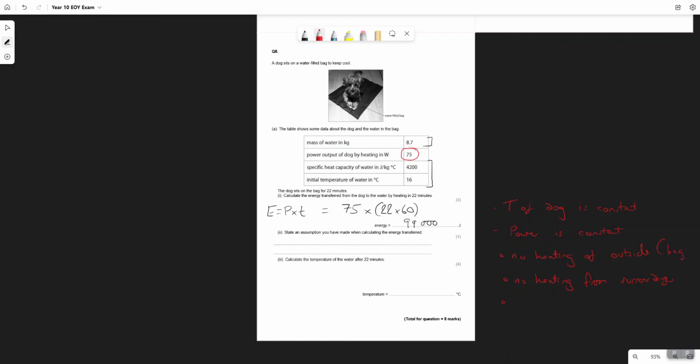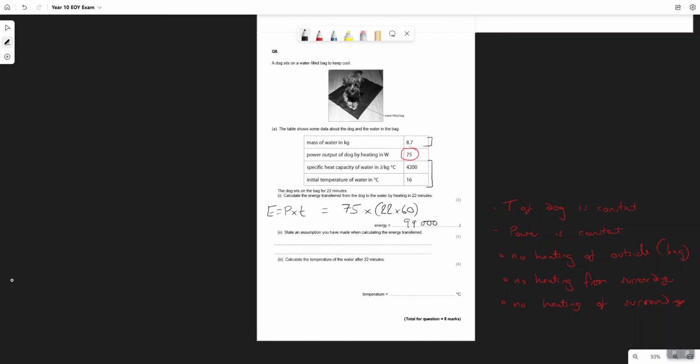So that is the bag. And also no heating of surroundings. So we've assumed that this has all gone into the water, and actually that's quite a bold assumption for 22 minutes, but there we go. Any of those or anything along those ideas is fine, as long as it doesn't just say 100% efficient, because it's not a designed process. Calculate the temperature of the water after 22 minutes.